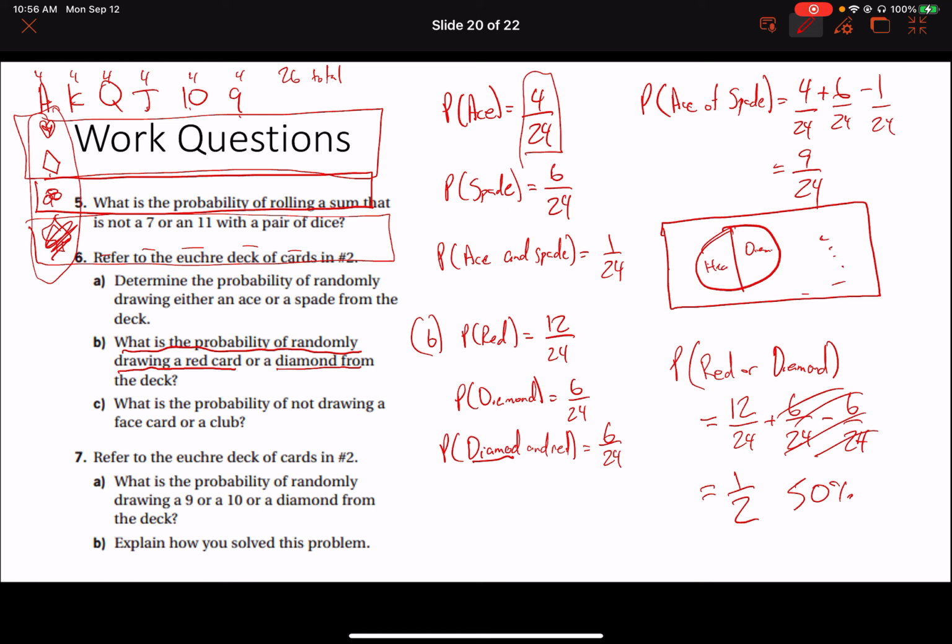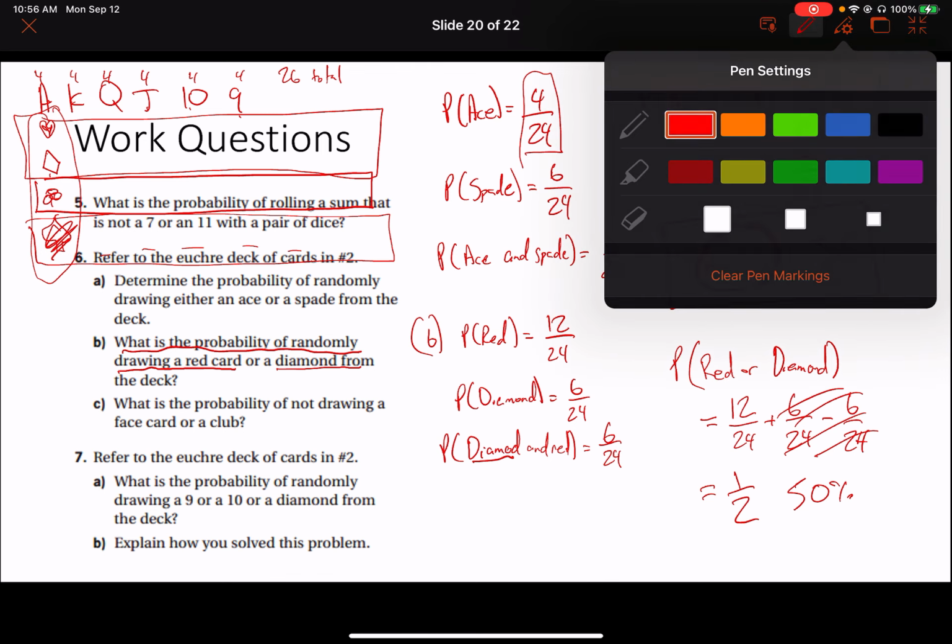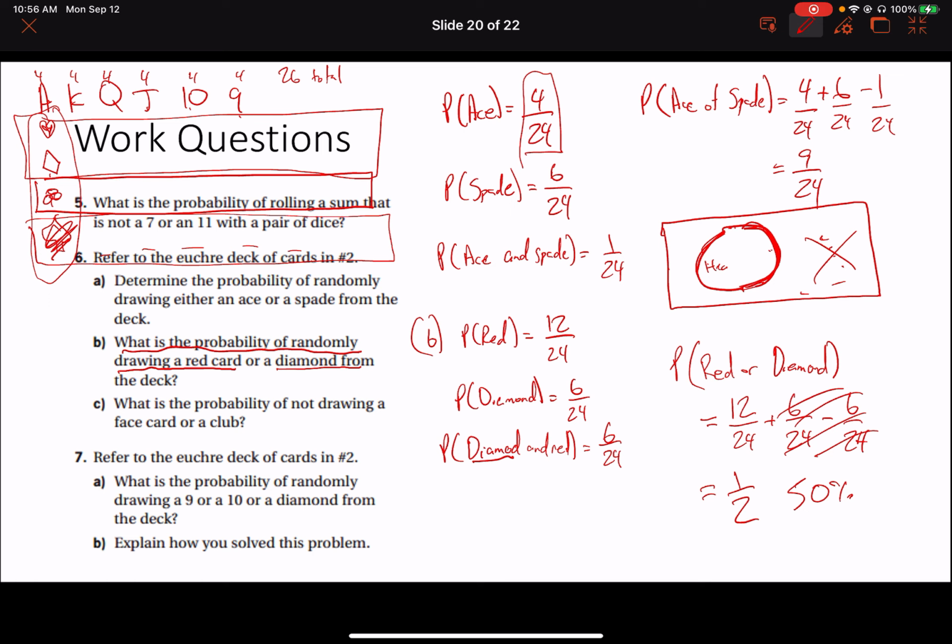There's no diamonds out here, none. So the probability of it being red or diamond, because or is inclusive, is the same probability as it being red, because if it's red, it is a diamond or a heart. So half of them are not. Half of them are spades and clubs, right?